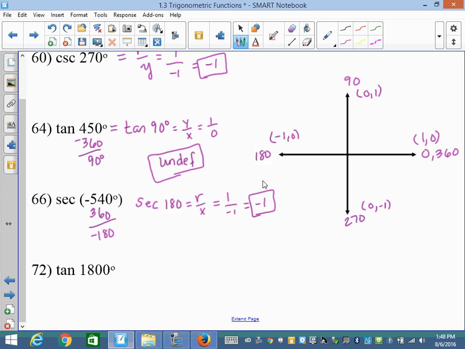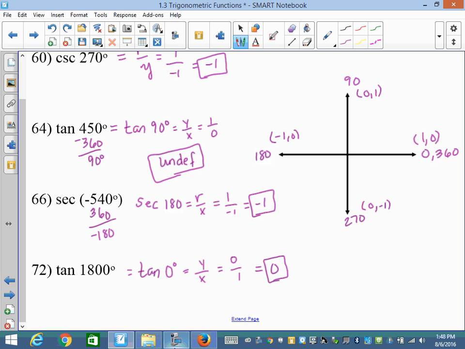If I do 1800 divided by 360, remember that's how you do your coterminals, I get exactly 5 of these. So this is really tangent of 0 degrees, which is y over x, and our y value is 0, so 0 over 1 equals 0.